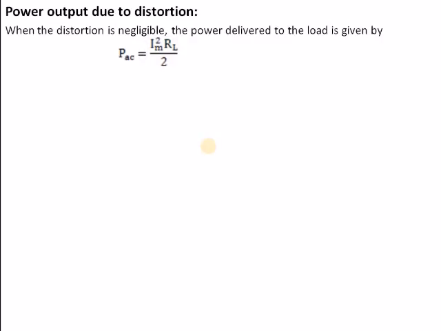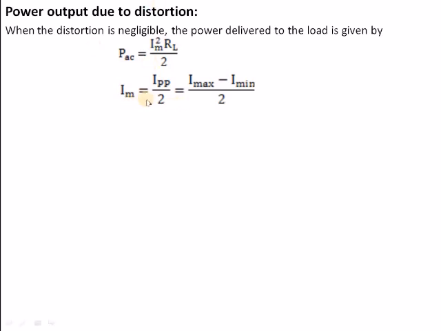The next topic we are going to discuss is the power output due to distortion. When the distortion is negligible, the power delivered to the load is given by PAC equal to Im square RL by 2. This is what we calculated in the efficiency derivations of class A and class B amplifiers, where Im is the peak value of the output current.